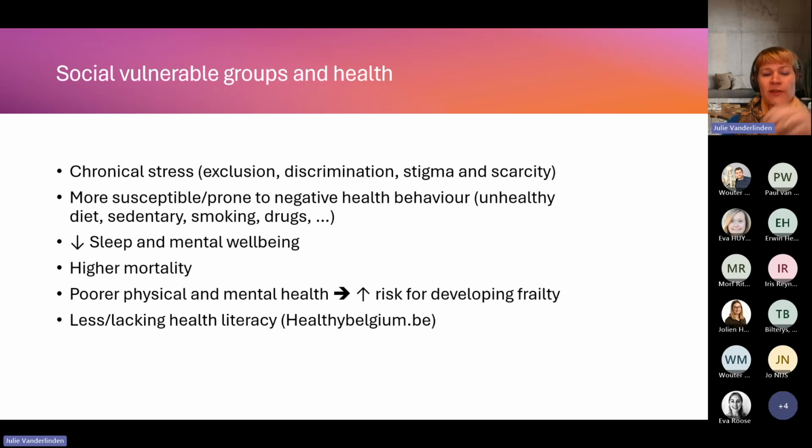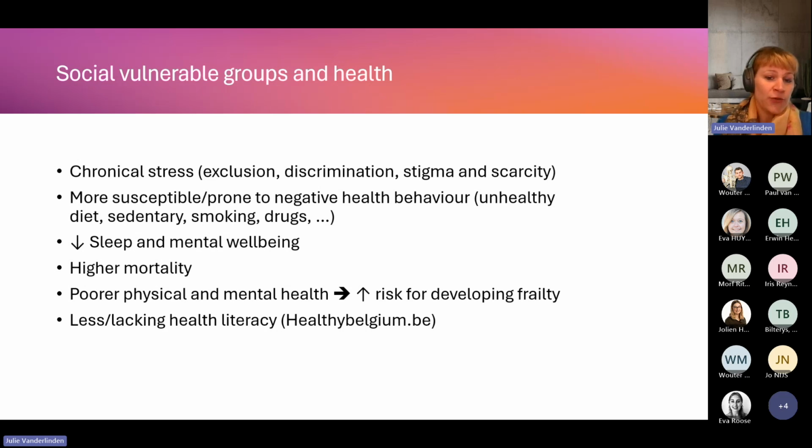So this poor physical and mental health, which you are prone to just by having the status of a socially vulnerable person, might in time also increase your risk to develop frailty and continue the negative circle of vulnerability.